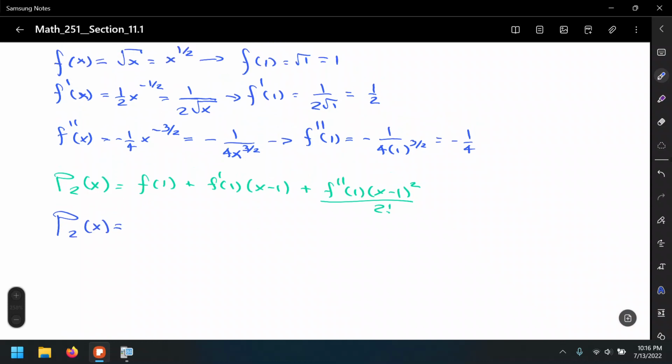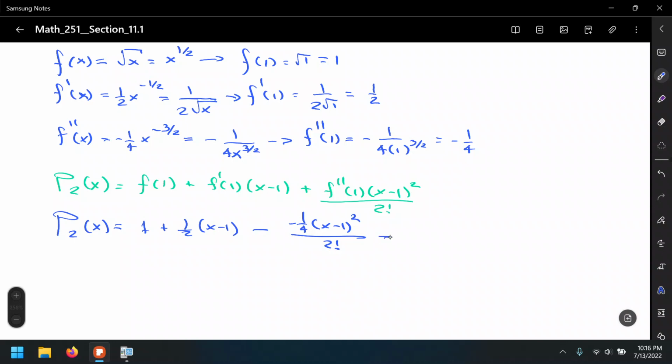So f of 1, which is 1, plus the derivative, which is 1/2 (x minus 1), minus f double prime at 1, that's negative 1/4 (x minus 1) squared divided by 2 factorial. Let's simplify this.